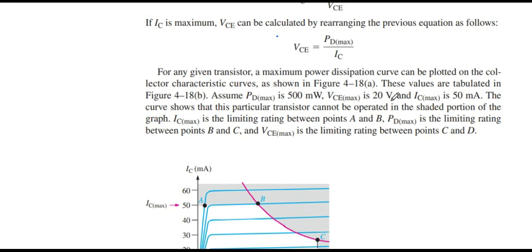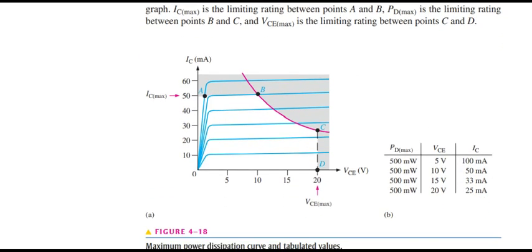Then VCC is 20 volts, and IC is 50 milliamperes. The transistor can operate between B and C as given by these tables, and we cannot operate the transistor in the shaded area, because our calculation shows this.